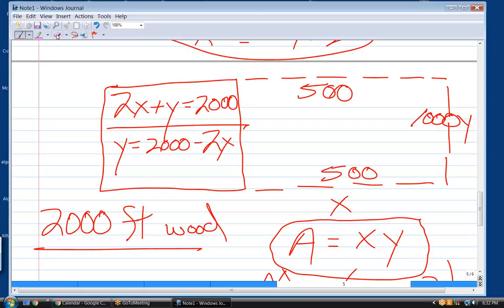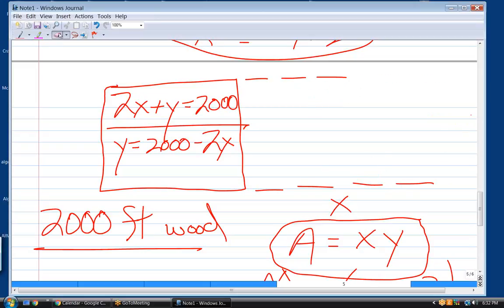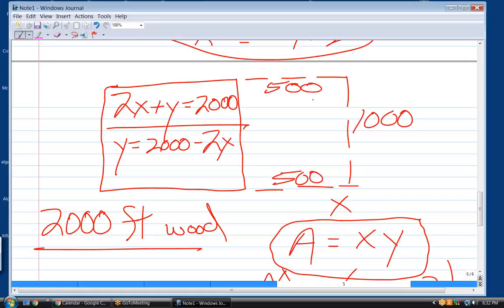So my drawing is not quite right. It's more of a rectangle like this. And that's 1,000, and that's 500, and that's 500. So a three-sided rectangle where the height is twice what the width is gives you the maximum area.